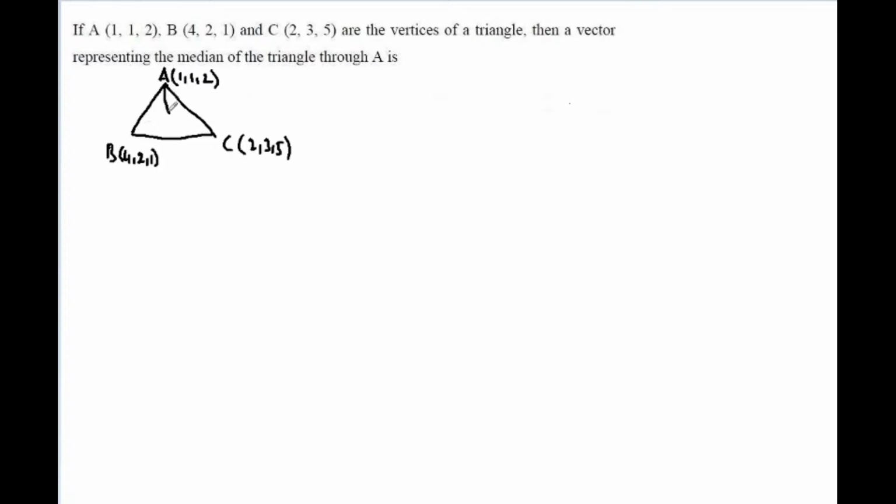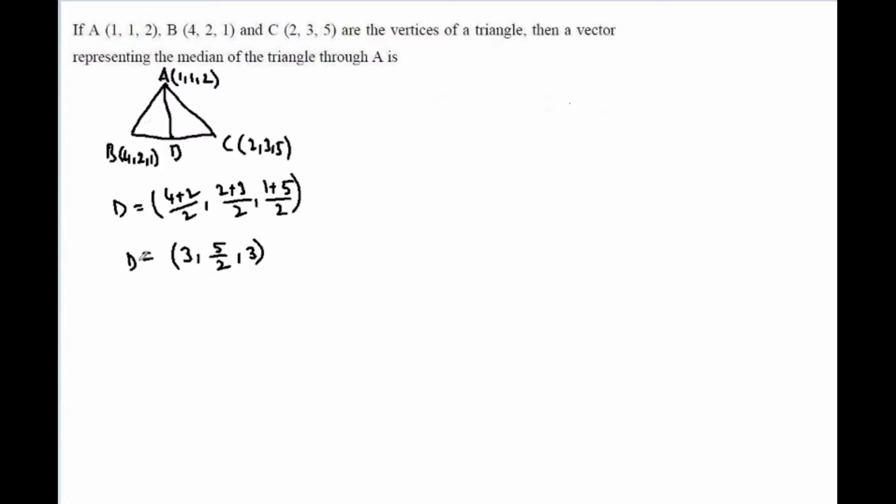Median means passing through the midpoint of the opposite side. This is D. The coordinates of D are ((4 + 2)/2, (2 + 3)/2, (1 + 5)/2), that is 6/2 = 3, 5/2, and 6/2 = 3.